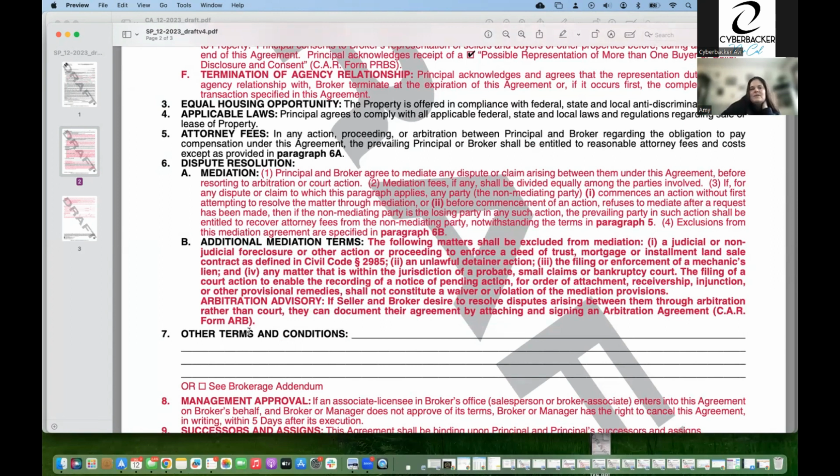Mediation. Principal and broker agree to mediate any dispute or claim arising under this agreement before resorting to arbitration or court action. Mediation fees, if any, shall be divided equally among the parties involved.